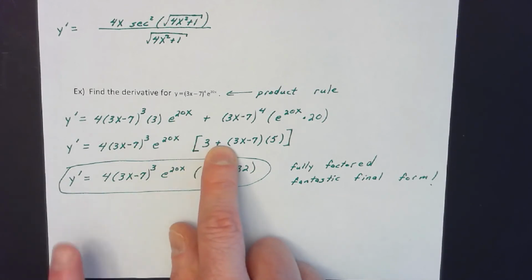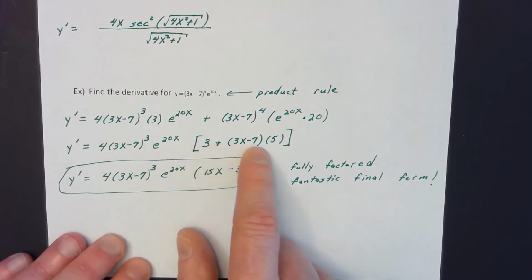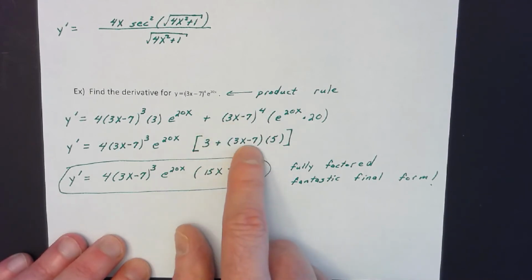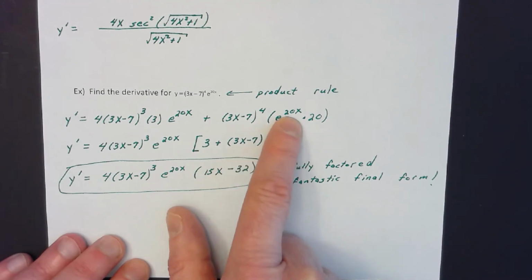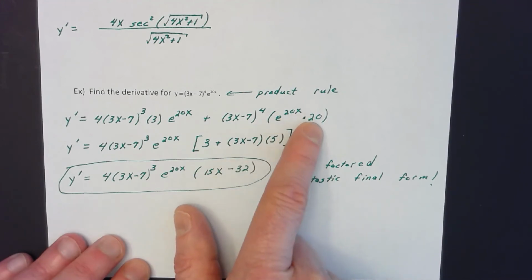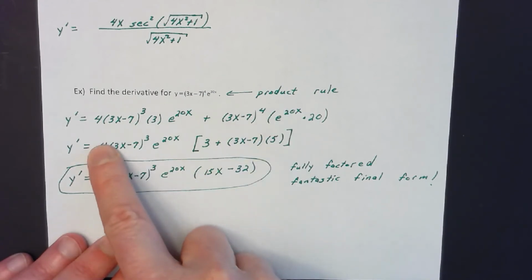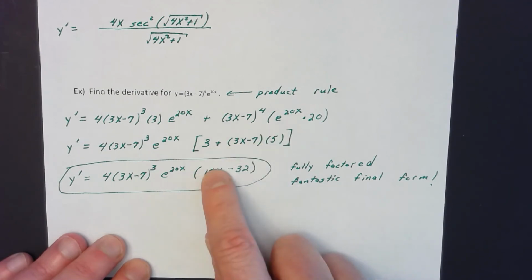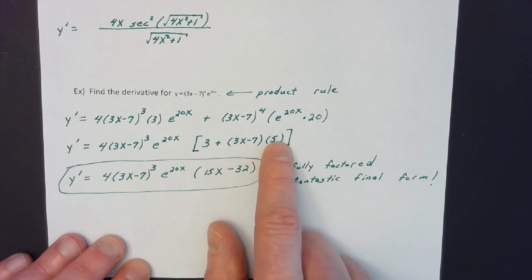Now I say plus, well, in the second group, you're going to have one factor of 3x minus 7 to the fourth left over. Now it's to the first power. Your e to the 20x canceled out, but not all of your factor of 20 canceled out. You factored out a factor of 4. 20 divided by 4 leaves you with a factor of 5 there. Now the only thing I've done from this step to this step is I simplified that last factor.